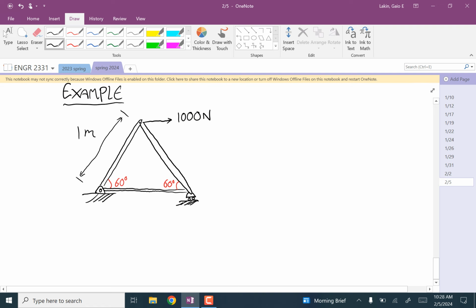So we're going to calculate the stresses, and you can think of it as like the stress tensor for points in each member.